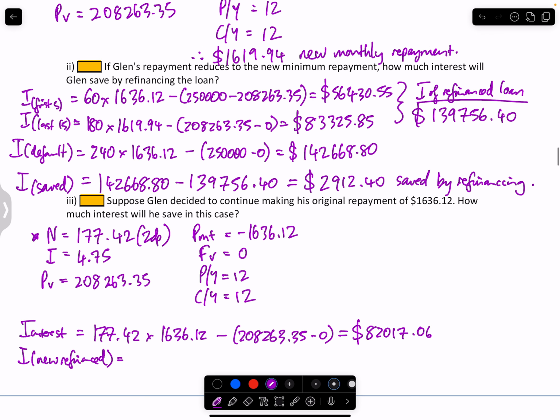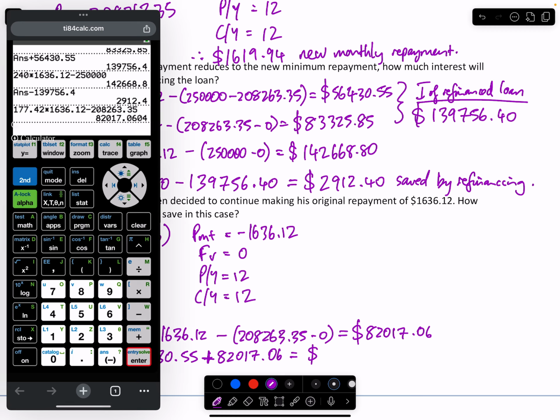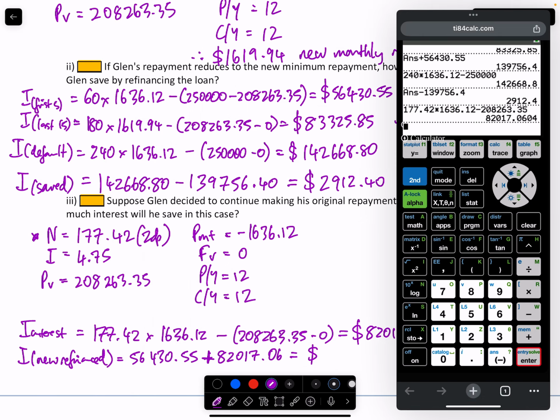We already know how much interest he paid in the OG first 5 years. That was 56,430.55. But now, because he's paying the larger repayments after the refinance, he's only paying $82,017.06. So that totals 56,430.55 plus 82,017.06, 138,447.61.